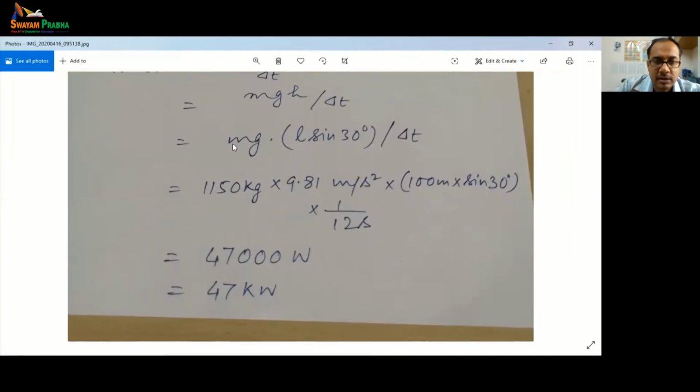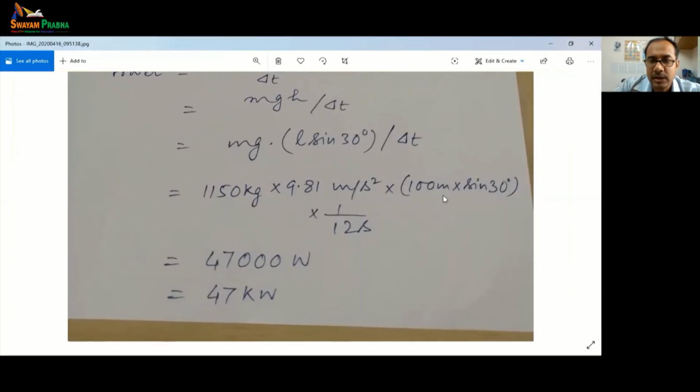Now everything is given. Mass is 1150 kg, multiplied by the acceleration due to gravity, 9.81 meters per second squared, and then L is 100 meters and this is sine 30 degrees, and the time delta t is 12 seconds. Everything is in SI units, so the value you get for power is in watts.